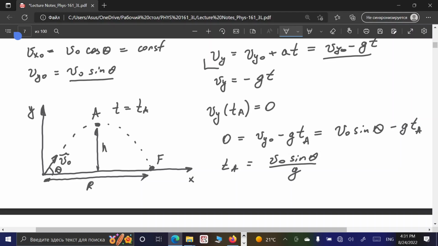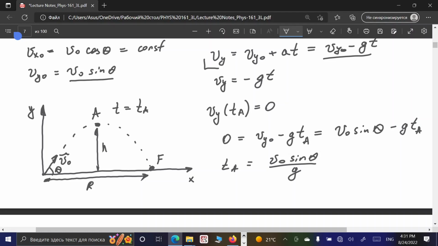So that is the time when the projectile reaches the max point, defined by point A, as a function of the magnitude of the initial velocity, its orientation with respect to the horizon, and the acceleration of free fall.